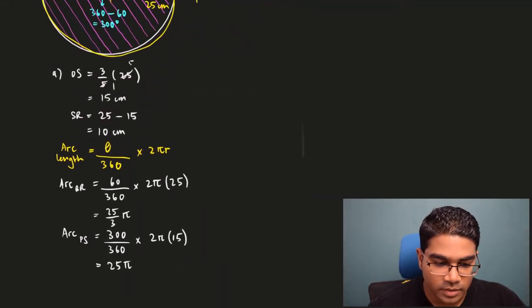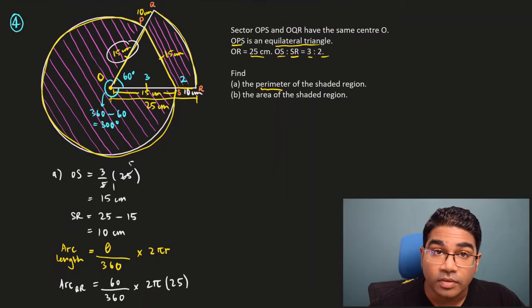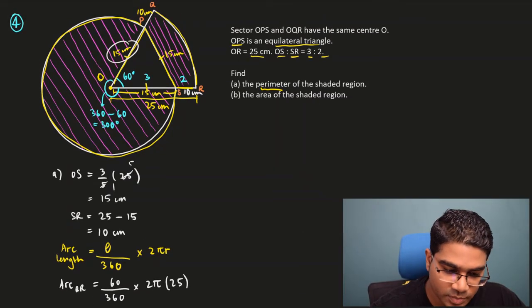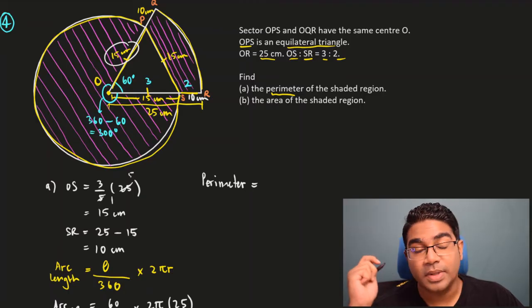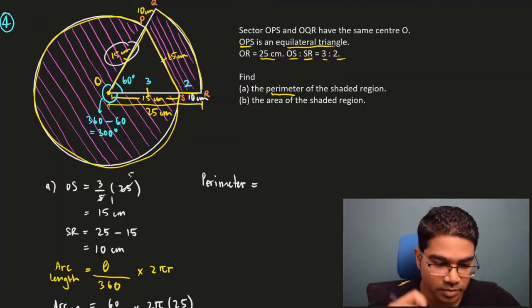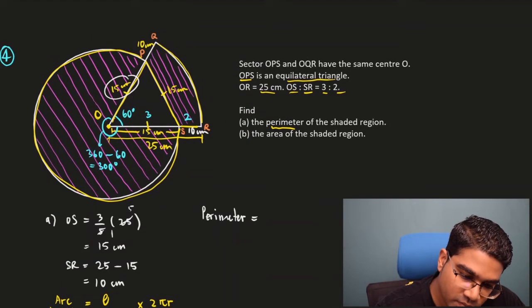So now we are ready to find the perimeter of this shaded region. Let's put it all together. Perimeter is equal to, let's start at P. It's useful to start at a point so that we don't miss anything. First we have PQ, which is 10.